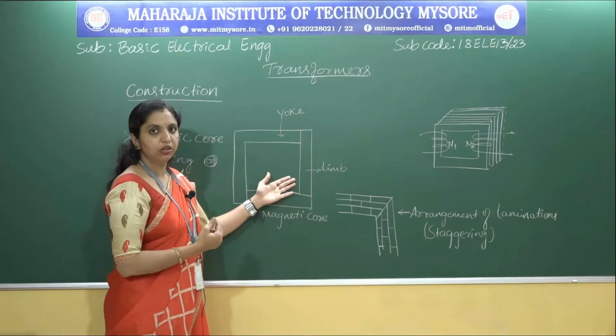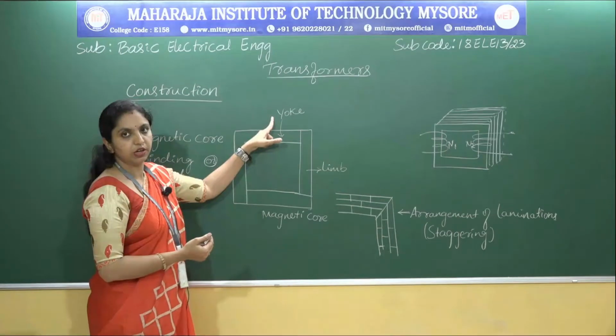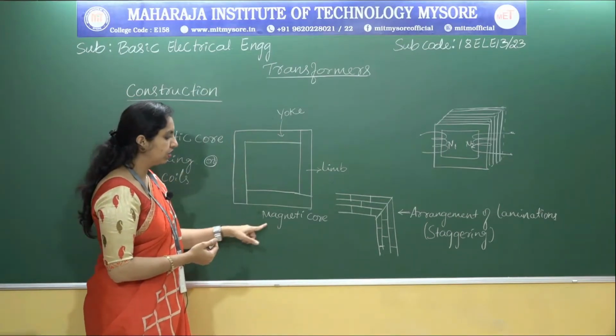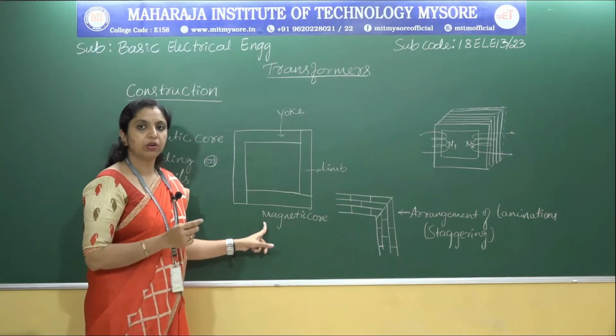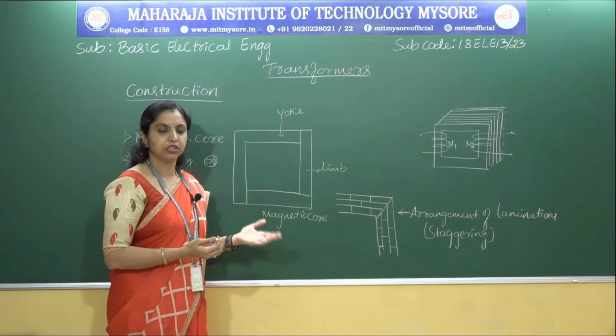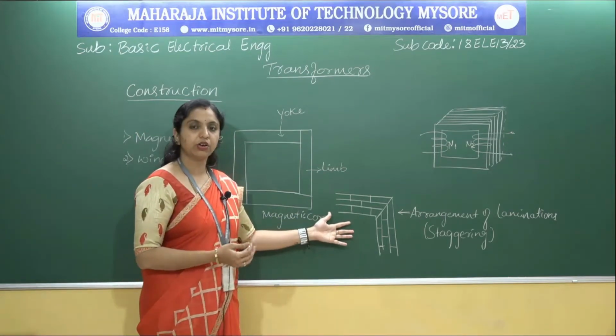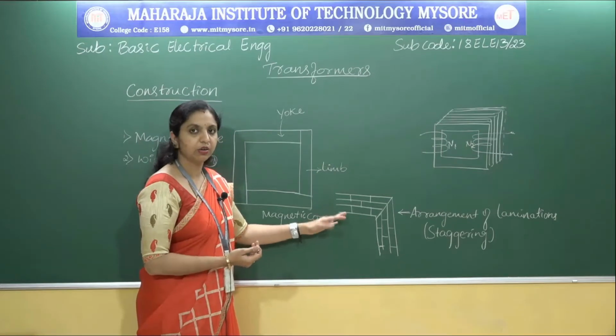The coils are wound on the vertical portion. This is the magnetic core. The magnetic core is made up of high grade silicon steel laminations. These laminations are insulated from each other using an insulator like varnish.